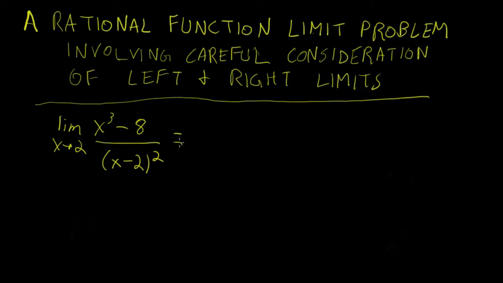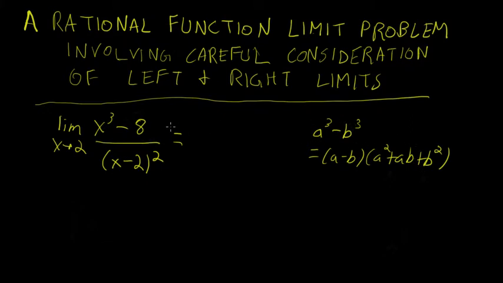So hopefully you recognize this as a perfect cube of the form a cubed minus b cubed, which is a minus b times a squared plus ab plus b squared. And you can expand this and you'll see that it equals this.